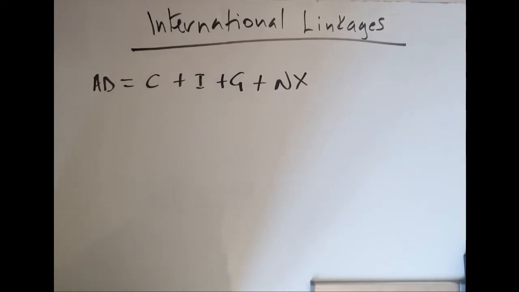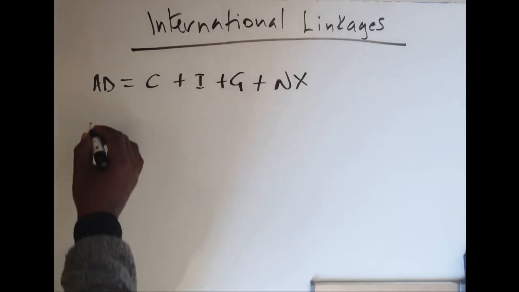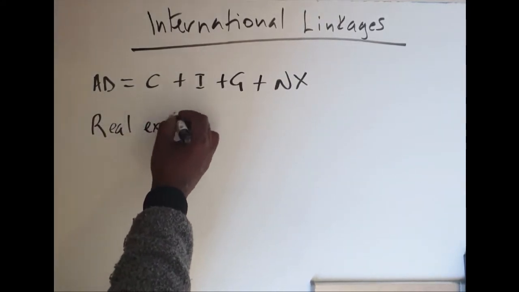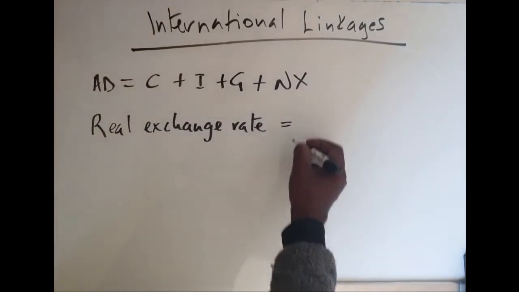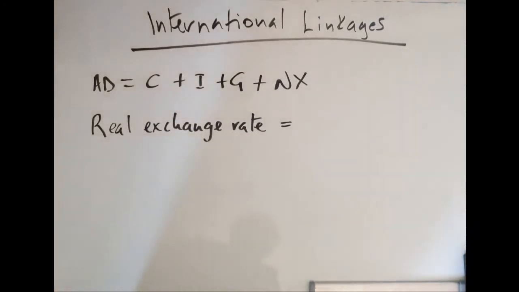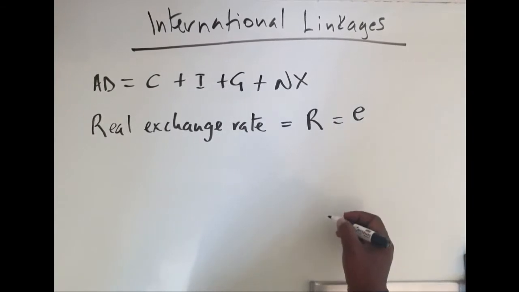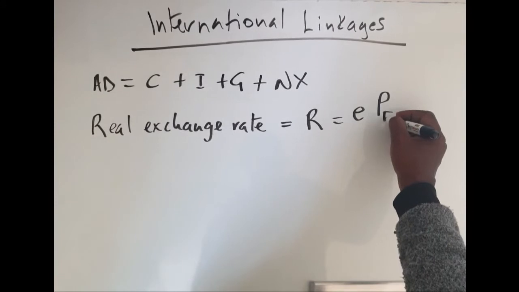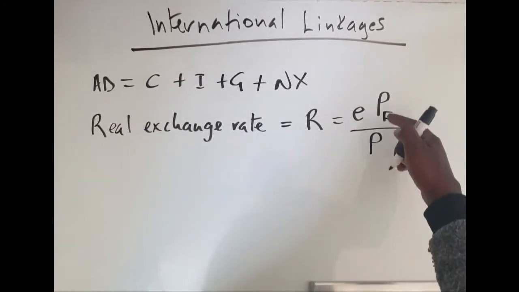Now for us to effectively look at international linkages through trade, we'll have to look at the real exchange rate. If we call it R, it is equal to the nominal exchange rate times the foreign price level over the domestic price level.